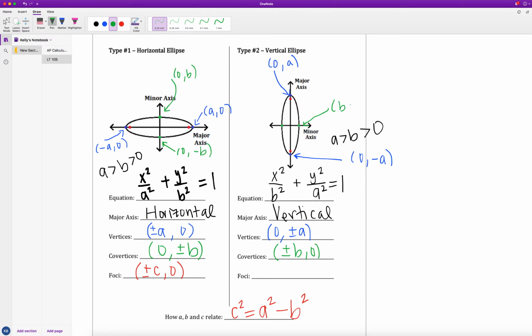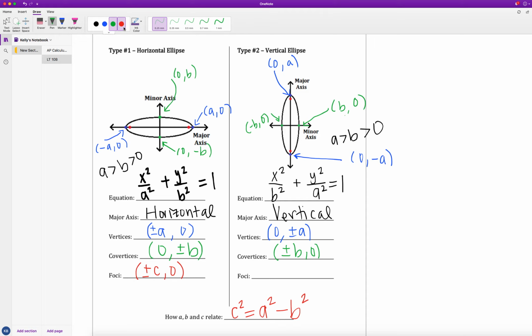So this guy is at b, comma 0, and the left side is going to be at negative b, comma 0. And again, those are x-intercepts now because I flipped my ellipse. So my co-vertices are now on my horizontal axis.